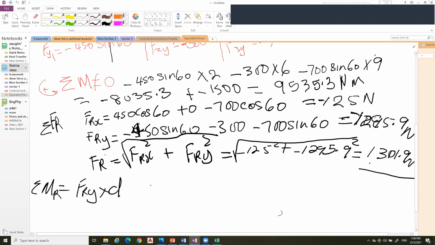Divide the sum of the moments, the resultant moment, by the resultant force. All right, give me the values. So D now is equal to the moment, which is 9,535.3, divided by FRY. What is FRY again? 1,295.9.